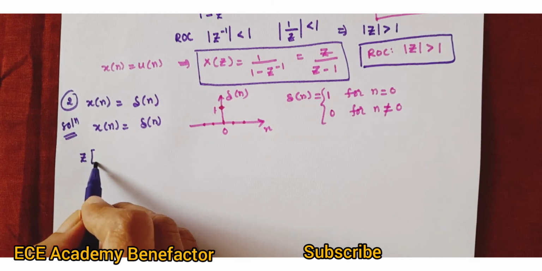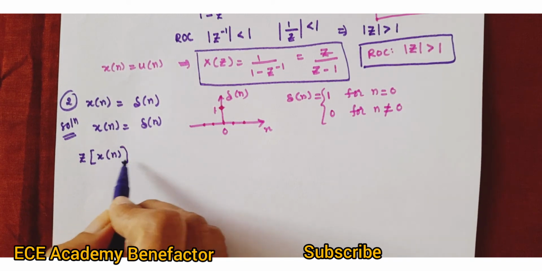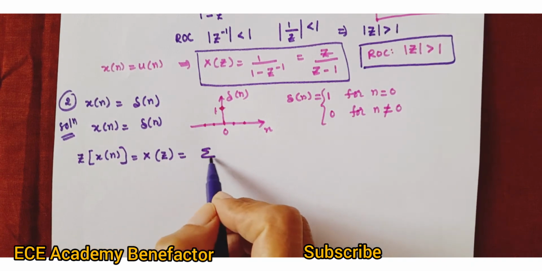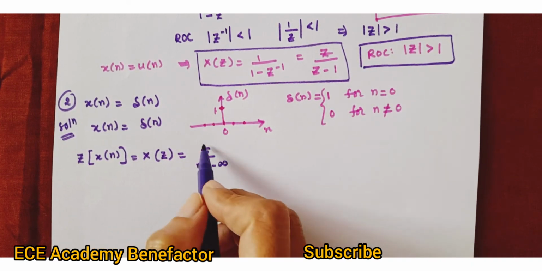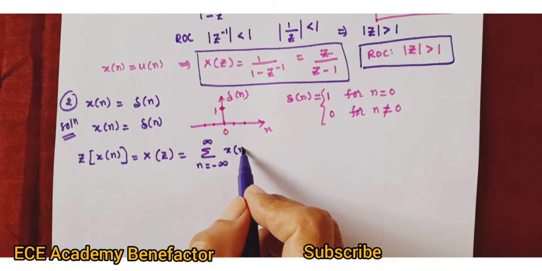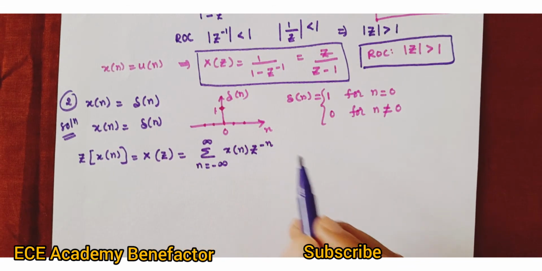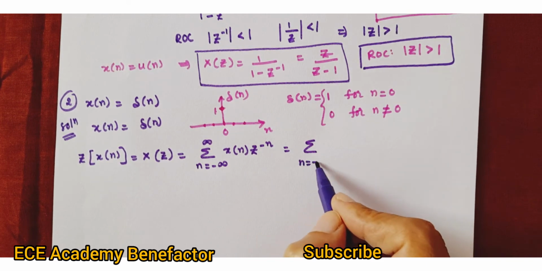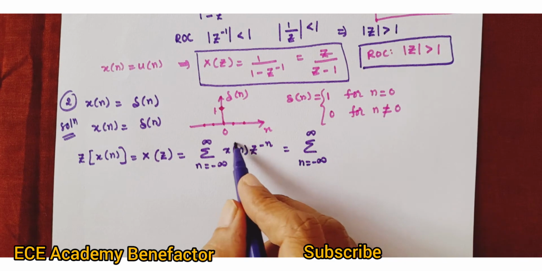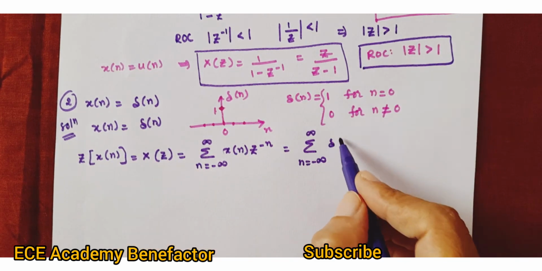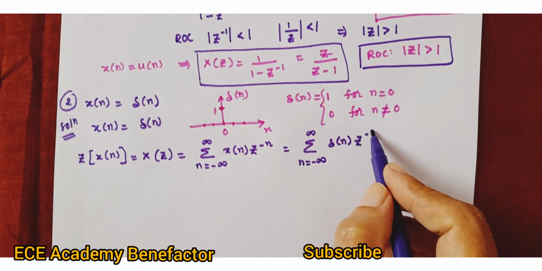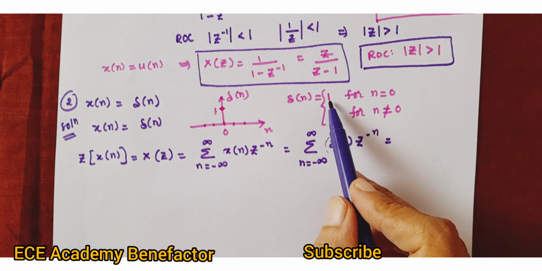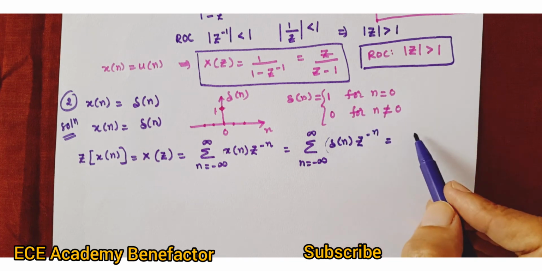Z transform of x of n is equal to capital X of z is equal to summation n is equal to minus infinity to infinity x of n z to the power of minus n, which is equal to summation n is equal to minus infinity to infinity. Substitute x of n as del of n, z to the power of minus n. How is del of n defined? It is defined as 1 for n is equal to 0.